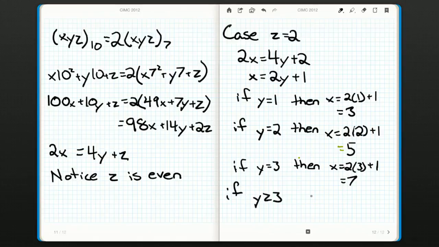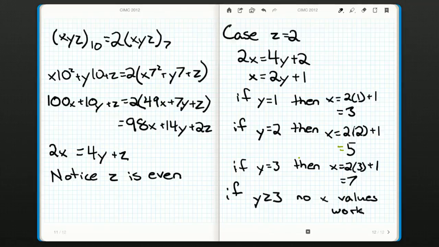So for anything else, it turns out we get no other x values that will work for us.